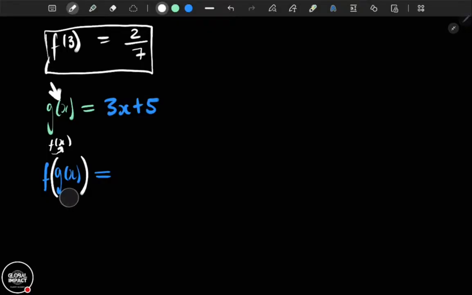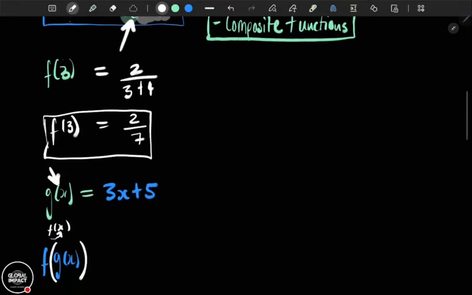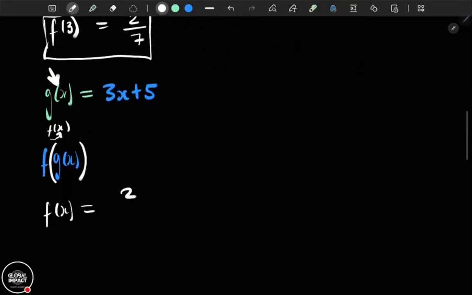So for us to find f g of x, we first say, what was our f of x? f of x was 2 over x plus 4. Then now we want f g of x. Basically, we are putting g of x where there is x. So this will be 2 over, where there is x, we are putting g of x.